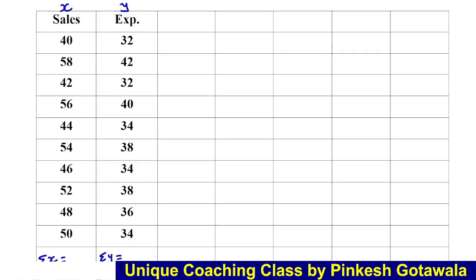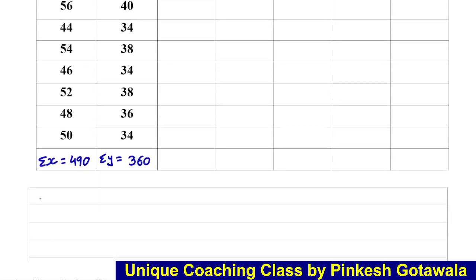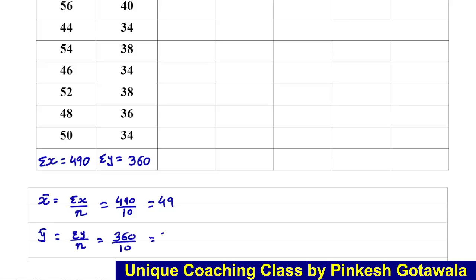Total of X is 490 and total of Y is 360, and there are total 10 observations, n is equal to 10. So X bar is 490 divided by 10, 49, and Y bar is 360 divided by 10, 36.